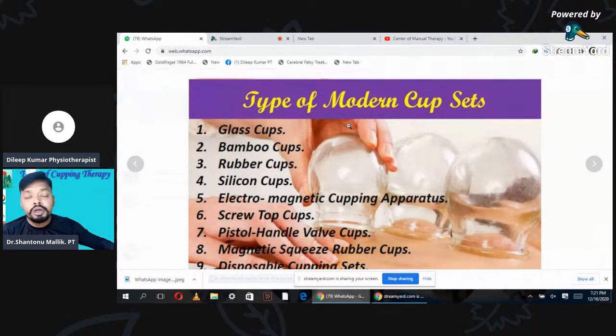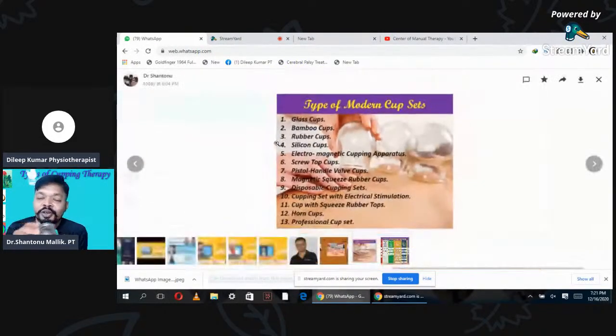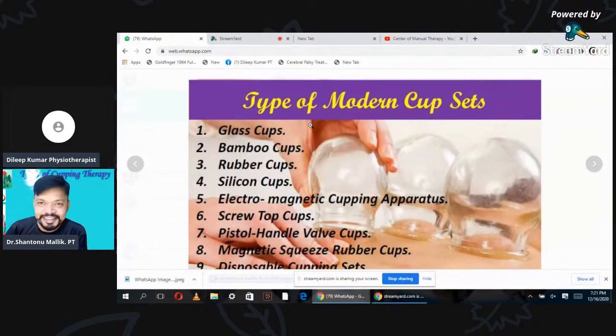It's the cup set. Okay, Dr. Dileep, you can make me full screen. Then I can easily show them the cup set, not the presentation. Yes, make me full screen, my slide.